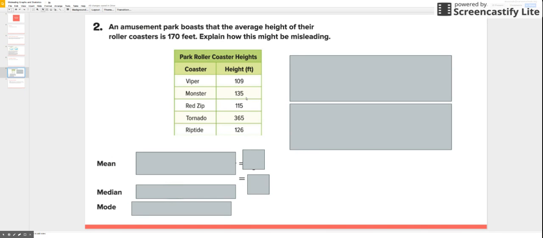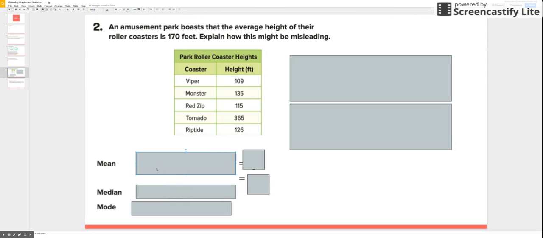We have 109, 135, 115, 365, and 126. None of these roller coasters is close to 170 feet. You only have this one right here that's a lot more than 170 feet, but none of the others are even close.